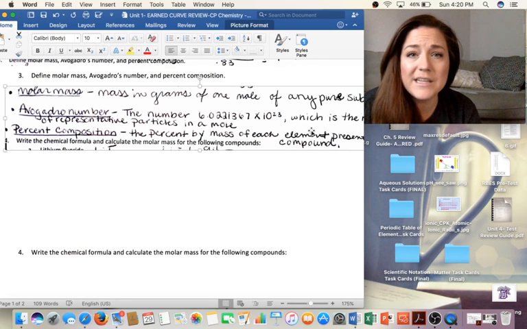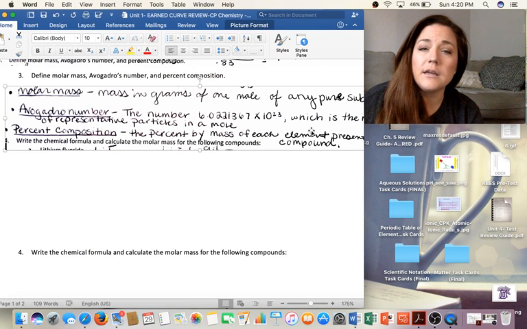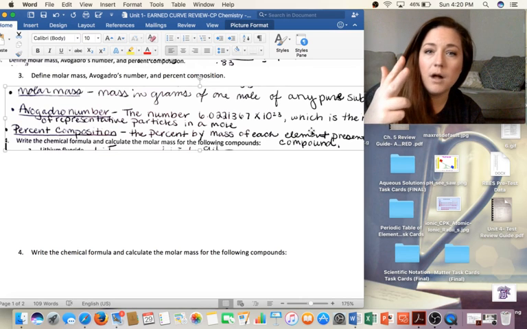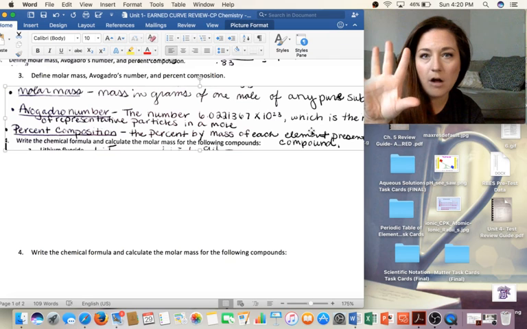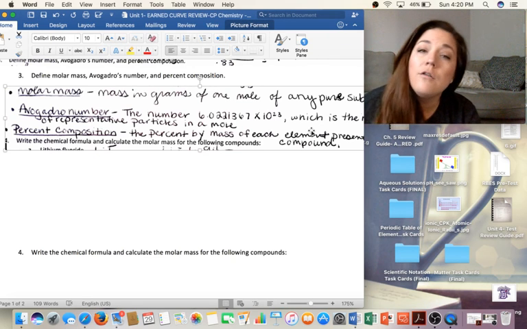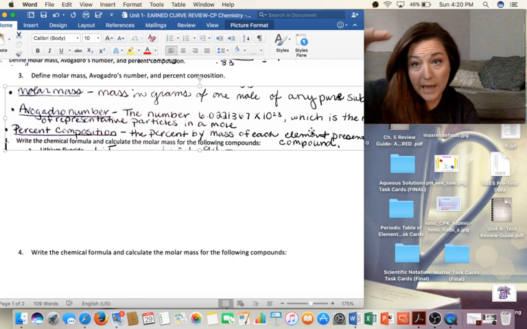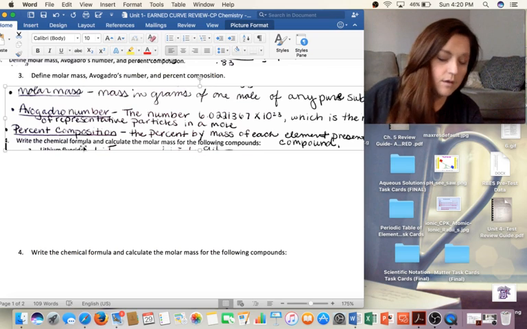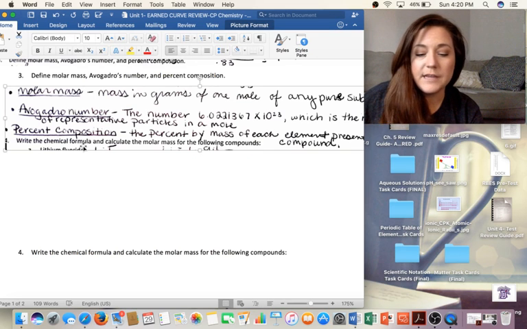Remember that when it says representative particles, it also can mean ions, electrons, molecules, atoms, formula units. All 5 of those words fall under the category of representative particles. All right, percent composition. Percent composition is the percent of a mass of each element present in a compound.